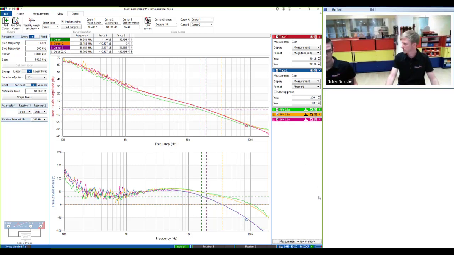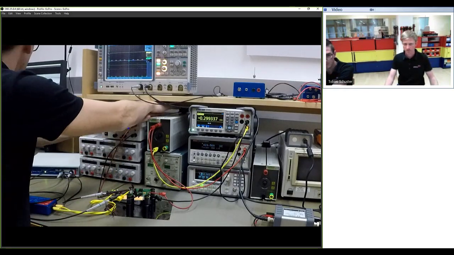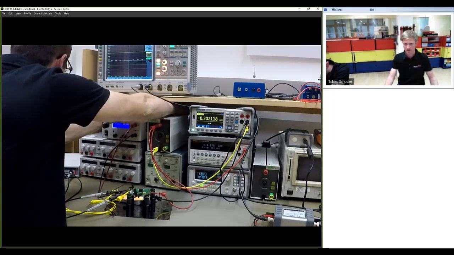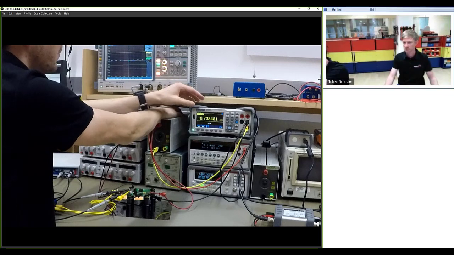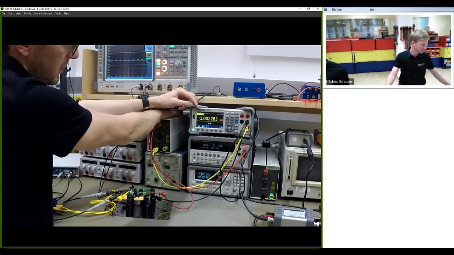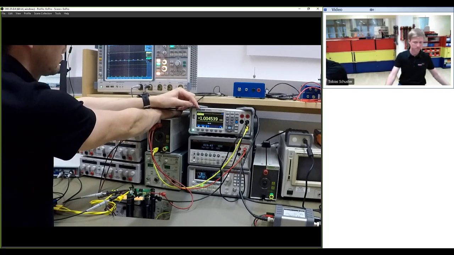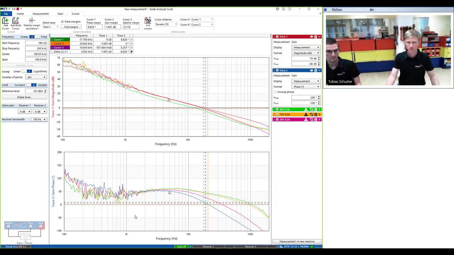And now we're gonna increase the load current to 1 amp. So now I will change the output current using this resistive load. And now you can see the output current, which is now at about 1 amp. Okay, I'm gonna put that down, and then we can see now the phase margin is really low, so now we do have a problem here.